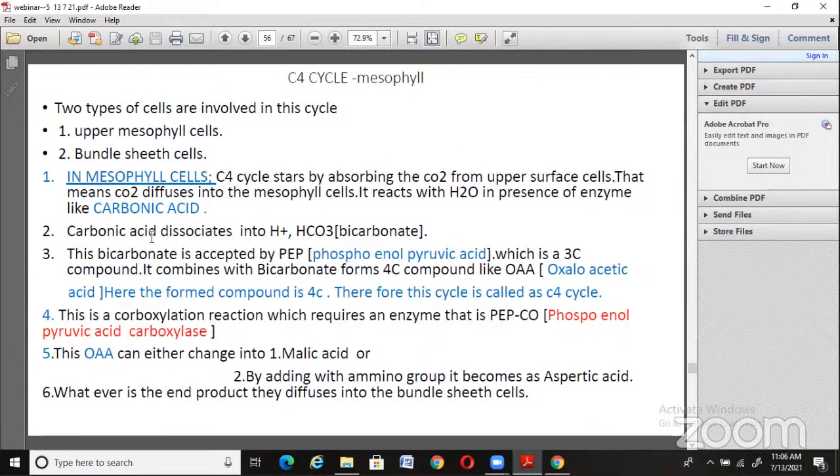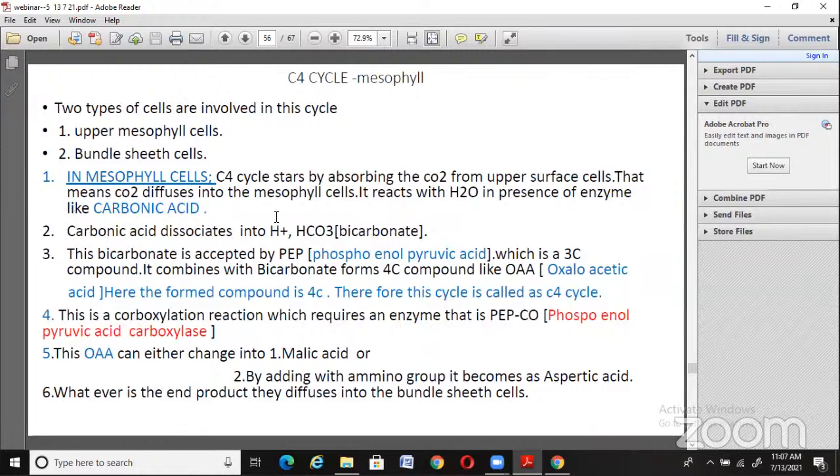CO2 diffuses into the mesophyll cells and reacts with H2O in the presence of the enzyme carbonic anhydrase. That is carbonic anhydrase, not carbonic acid, the enzyme that helps in reacting CO2 with H2O.